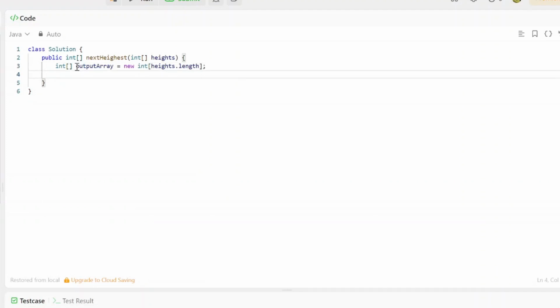Well, after that we need to initialize a stack. In Java in general we use the Deque structure to implement a stack as well. Well, we need to loop through all the input elements, so we are doing that.